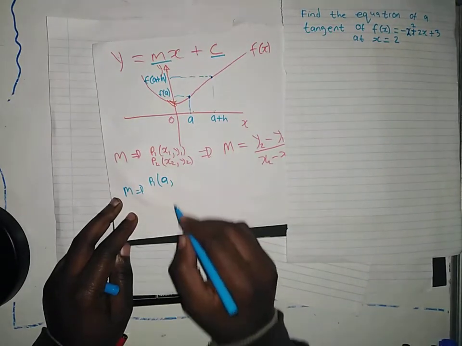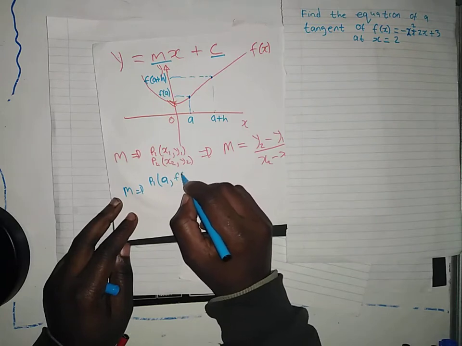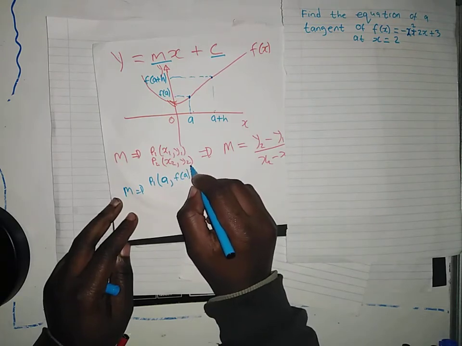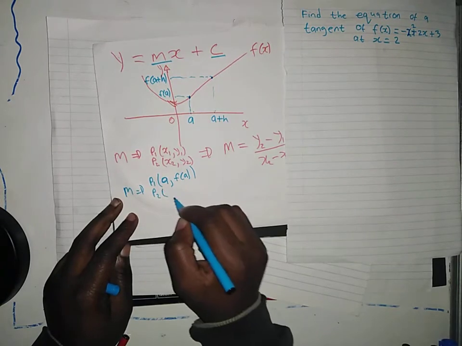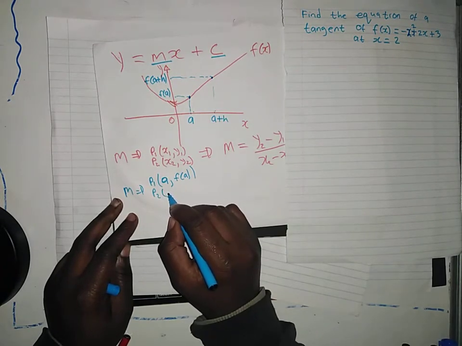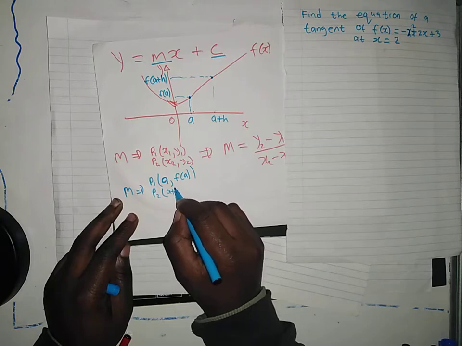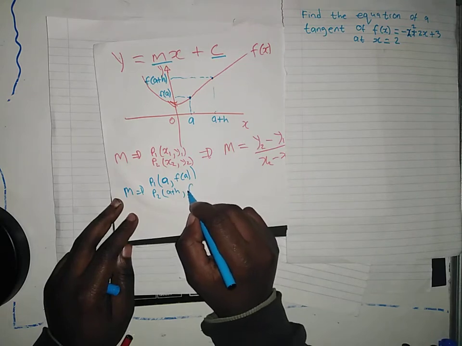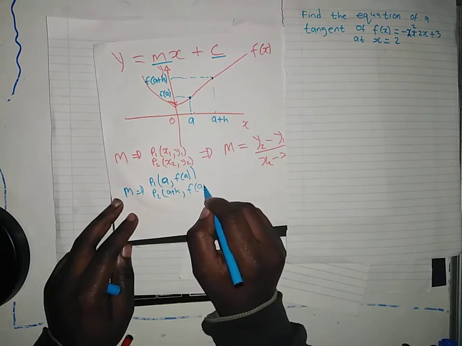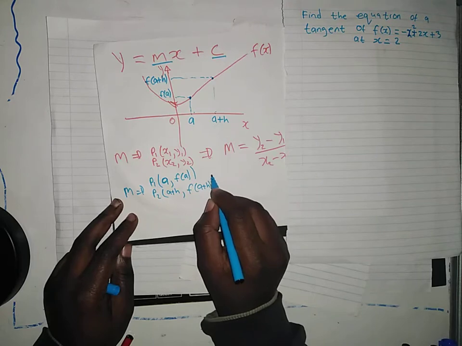And then what about the y value? The y value is f at a. And then point 2 is going to be a plus h. And the y of point 2 is f at a plus h.